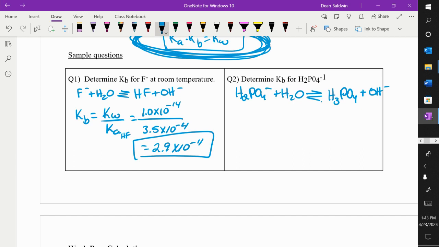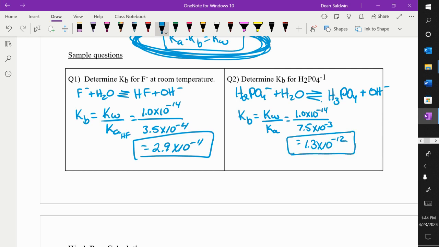So Kb for this reaction is Kw over Ka. The Ka of phosphoric acid is fairly strong, 7.5 times 10 to the minus 3. So 1.3 times 10 to the minus 12, which means we're way to the left, right?